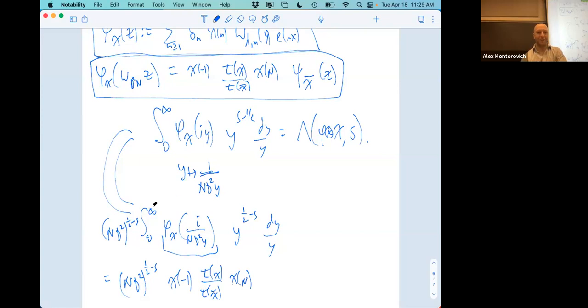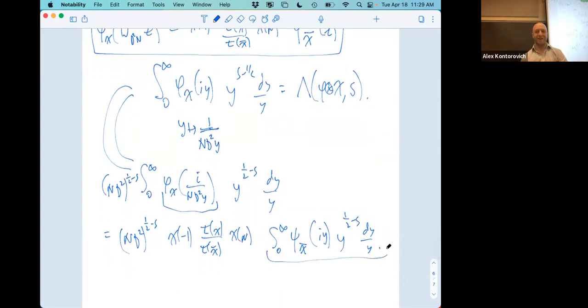And now what's left is an integral from 0 to infinity, psi chi bar of iy, y to the half minus s dy over y. And this is exactly the completed L function of psi twisted not by chi, but by chi bar, not at s, but at 1 minus s.